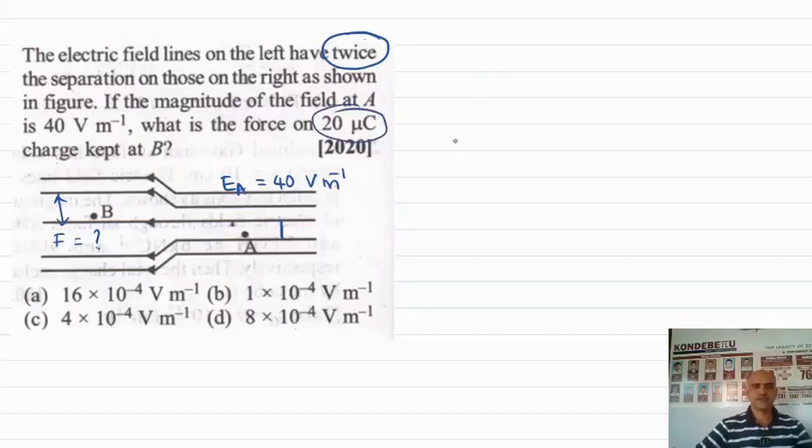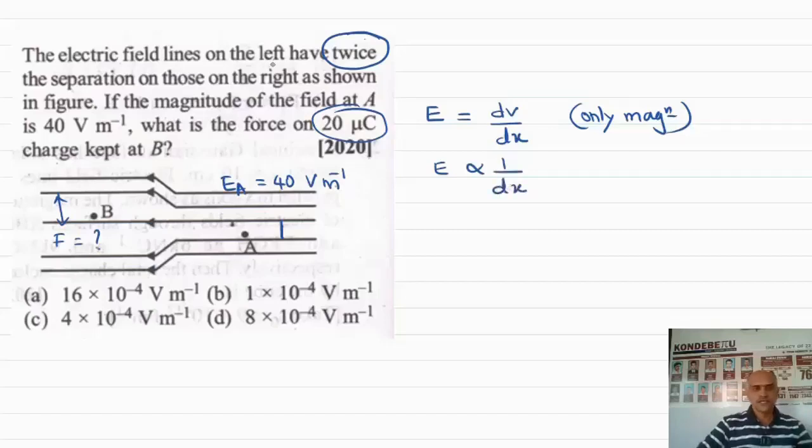This can be solved again in two steps. We know that E is equal to dV by dx. Only magnitude means I am leaving the negative sign. How are E and distance related? Inversely. So if the separation dx doubles, E becomes half, as they are inversely related.